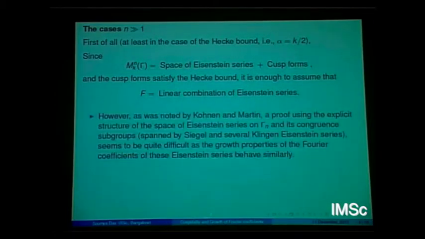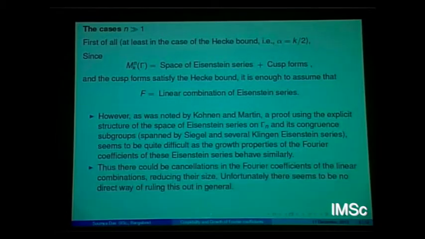As was noted by Conan and Martin and other people also, a proof using the explicit structure of the Eisenstein series becomes more complicated as the degree becomes large, and even more so on congruence subgroups. That seems to be difficult, simply because the growth properties of these Fourier coefficients are more or less similar.